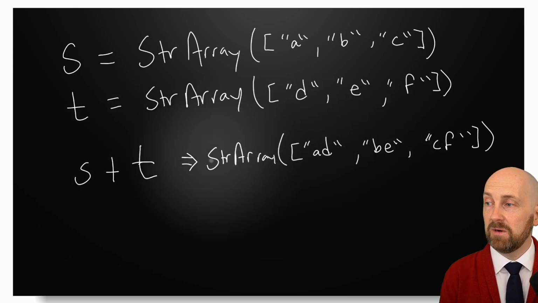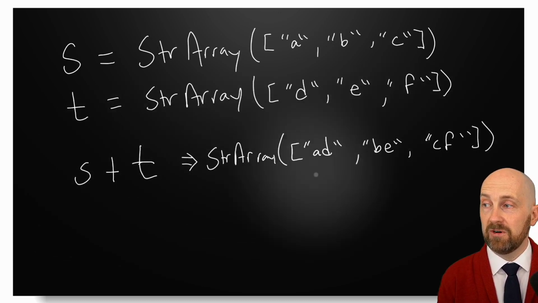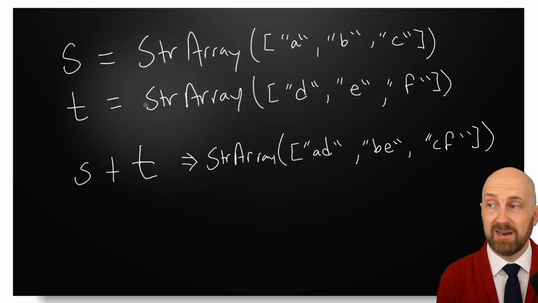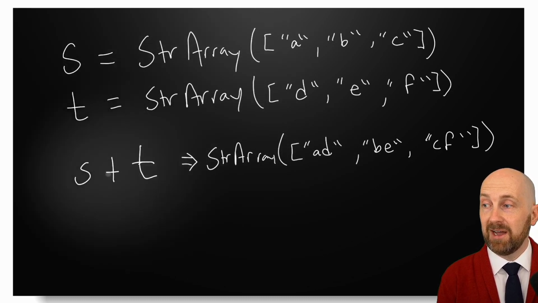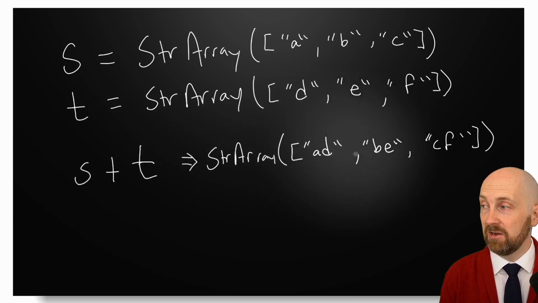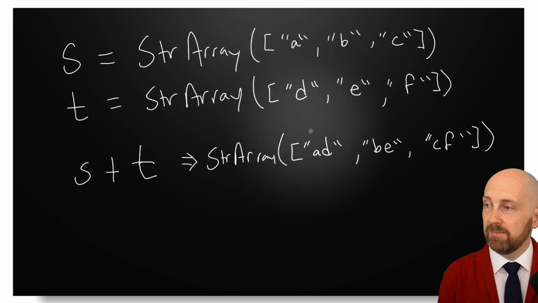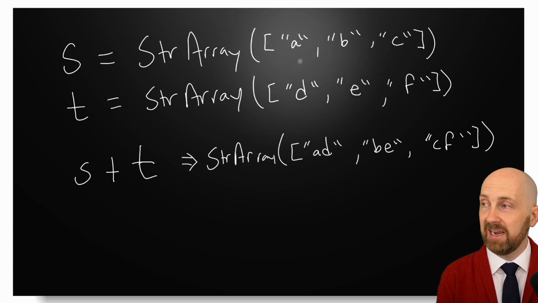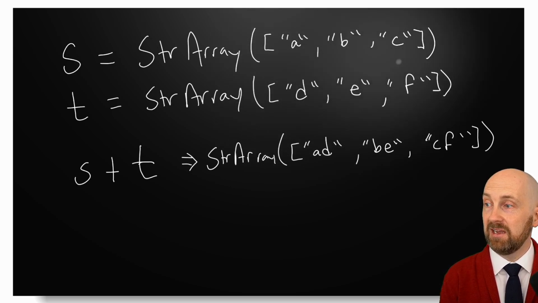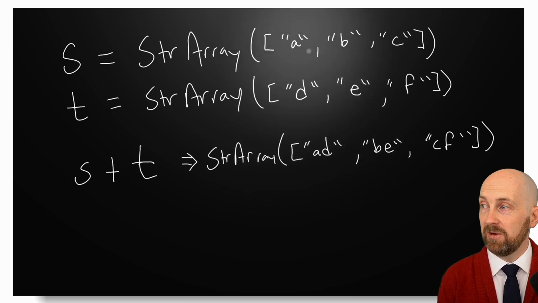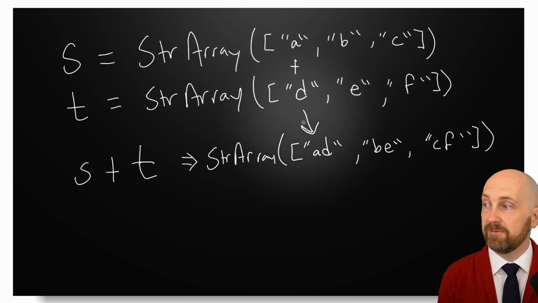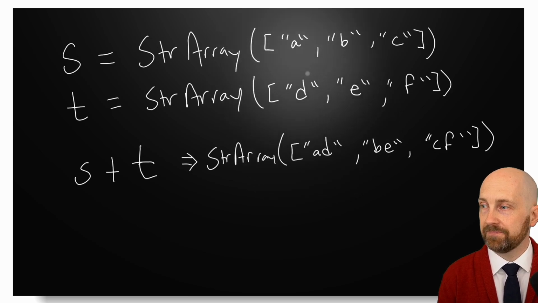And it's going to produce a brand new StrArray. It's not going to modify or mutate either S or T, but the evaluation of S plus T is going to result in a brand new StrArray where each item is the concatenation of the items in the input arrays. So notice, AD is the same as A concatenated with D, and that's what led to the first item in this list, and so on.